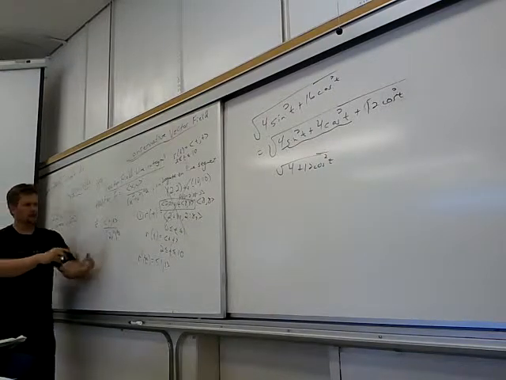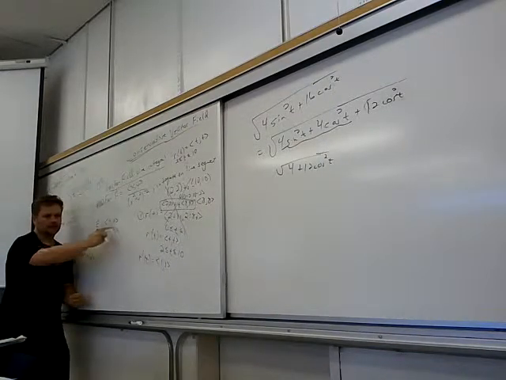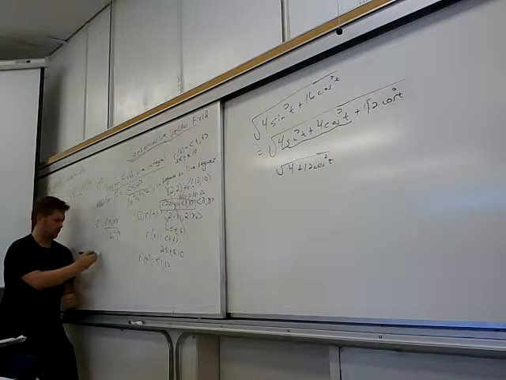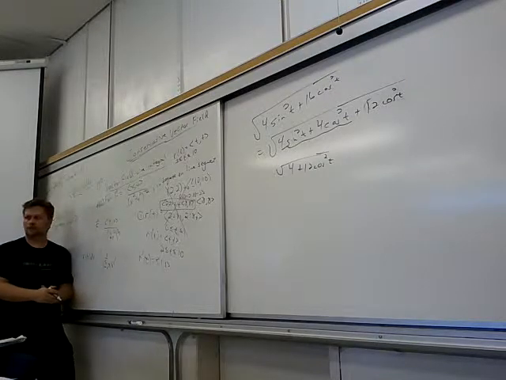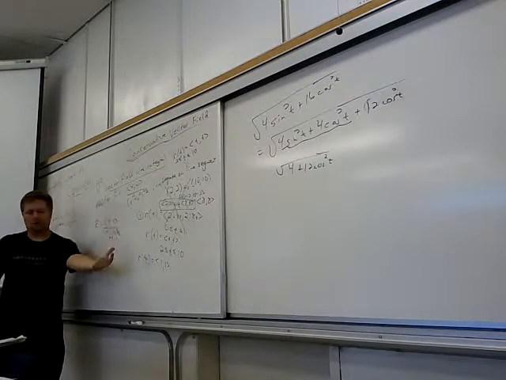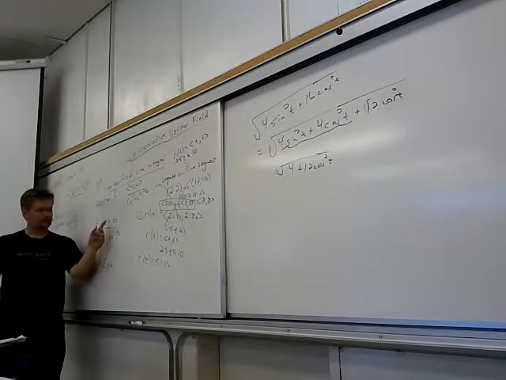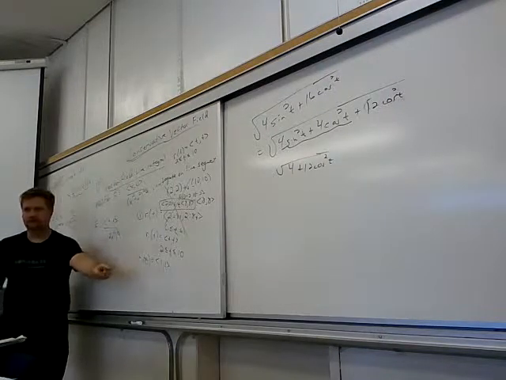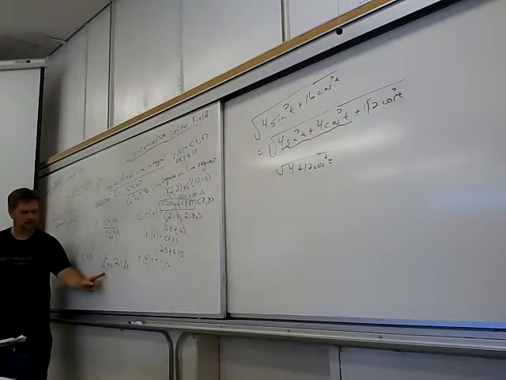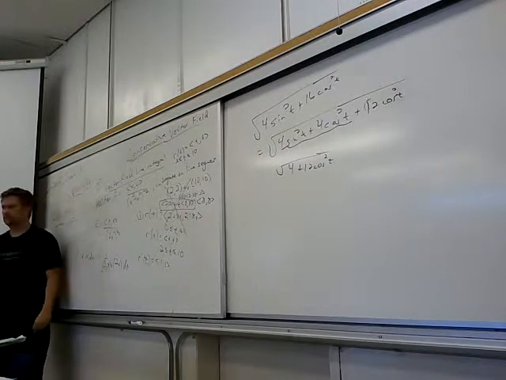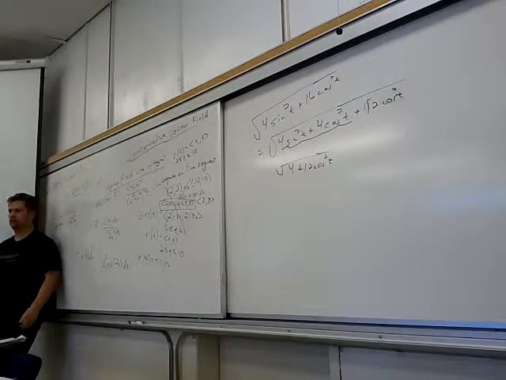This thing is a common piece to the whole thing, so it'll be 1 over 2t squared to the 3 halves times, now what's the dot product between t, t and 1, 1? t plus t, so 2t. Which kind of looks nice, doesn't it? Something's going to happen there.